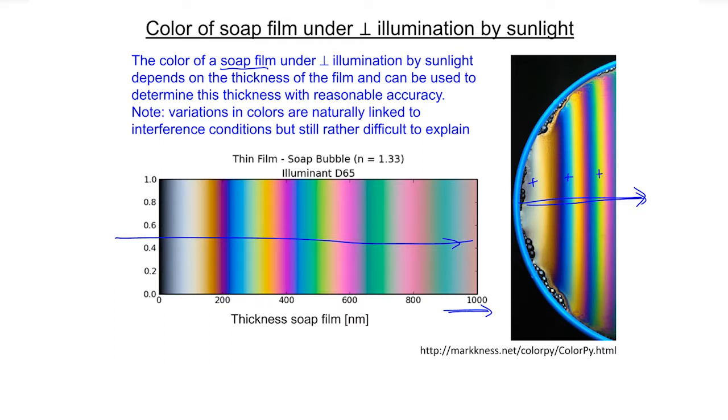If you want to know precisely how this works, you need to do some thinking, because the colors that you see are basically there because other colors are filtered out. So for instance, if you look at this thickness of 220 nanometers or so, the film looks blue, and it looks blue because the red part of the spectrum is filtered out. It disappeared because of destructive interference.